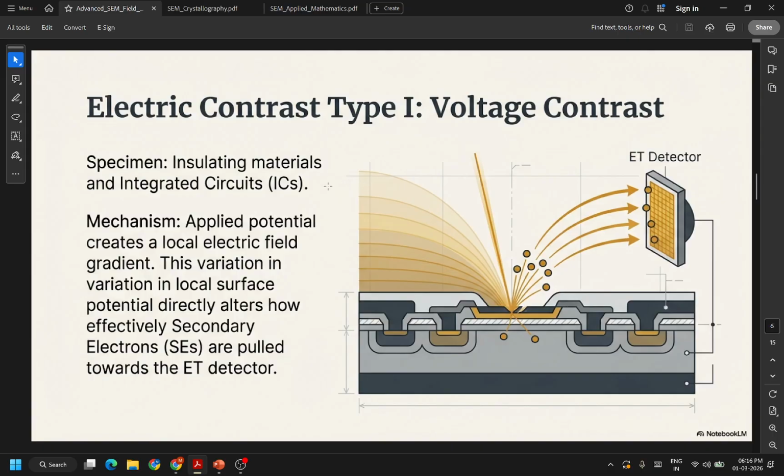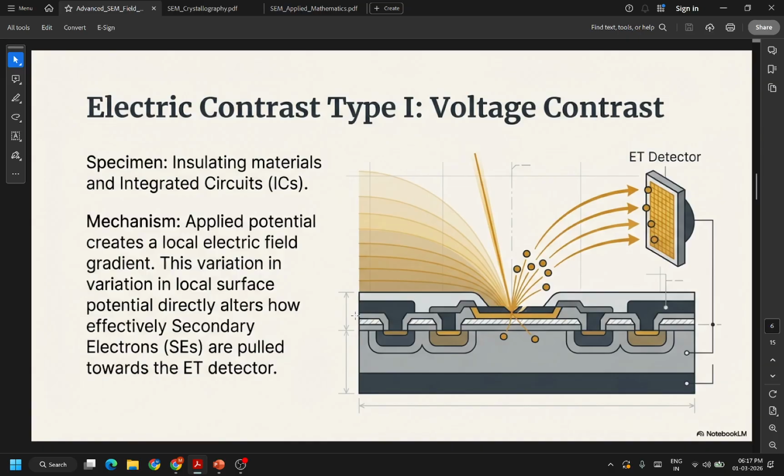So voltage contrast. The mechanism here is very simple. You take ICs, and within the SEM chamber itself, you connect this IC to an electrical circuit, and you apply a potential across different regions of the IC.